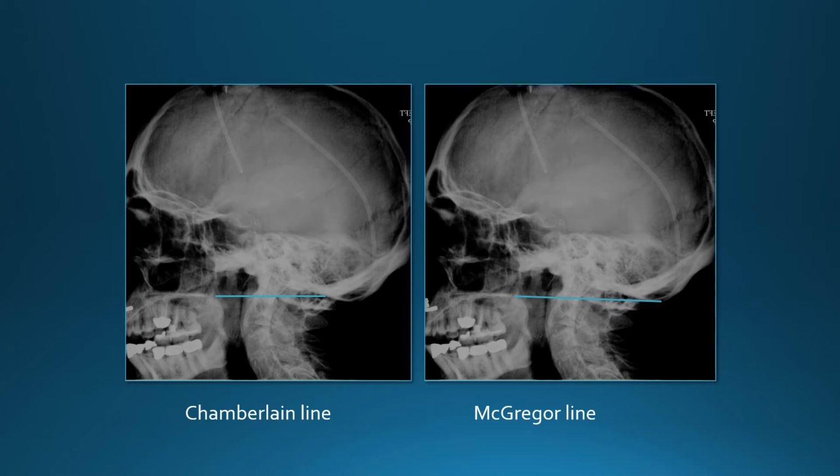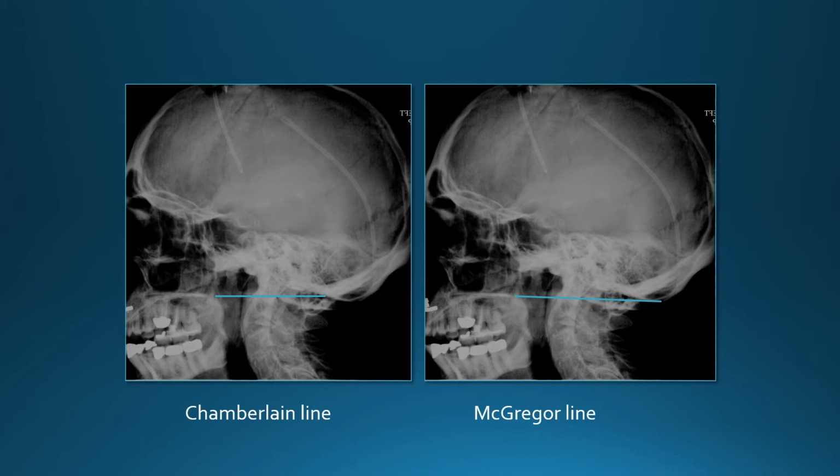On plain films, some people preferred using McGregor's line over Chamberlain's line. The only difference is that McGregor's line is from the posterior hard palate to the lowermost point of the occipital skull. This was a little bit easier to draw because sometimes it was hard to see exactly where the posterior lip of the foramen magnum was, but they both were used.